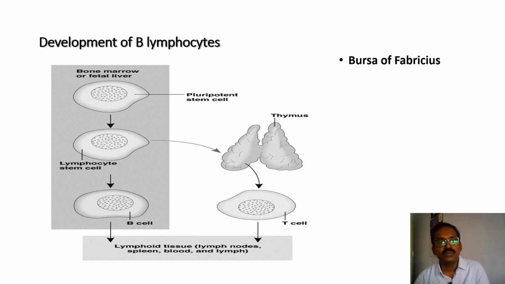It is developed from the pluripotent stem cells and the lymphocyte stem cell. From the lymphocyte stem cell, T cells enter into the thymus and produce T cells. From the bone marrow itself, the B cell is produced, which enters into the lymphoid tissue like lymph nodes, spleen, blood and lymph.